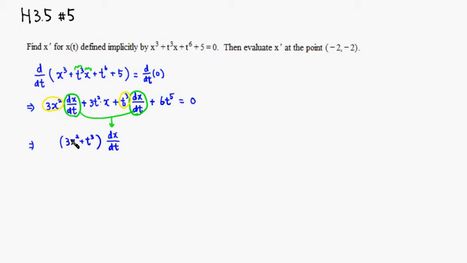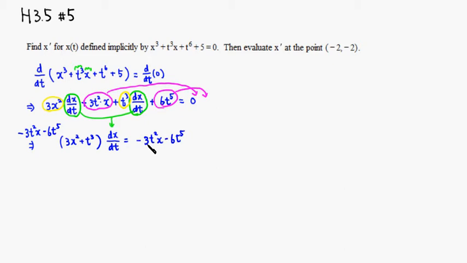Then I'm going to move the other terms over to the other side by subtracting 3t squared x and also 6t to the 5th power. So we get negative 3t squared x minus 6t to the 5th power.